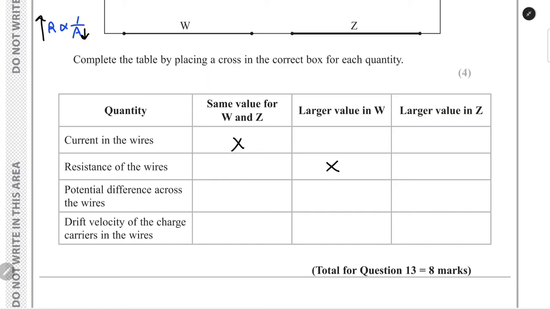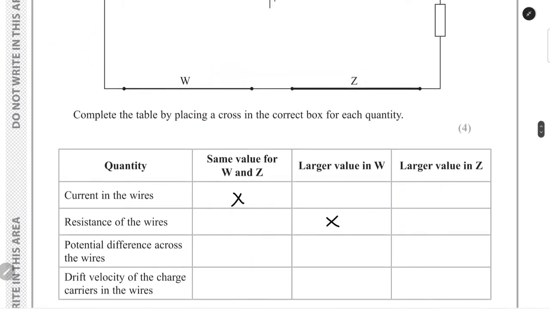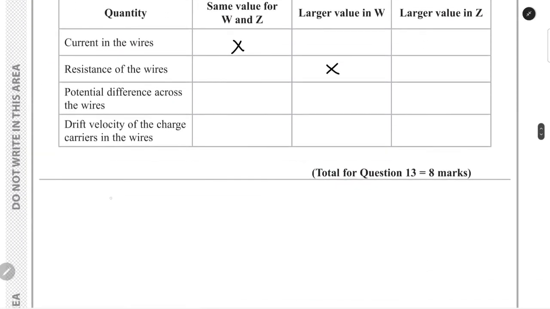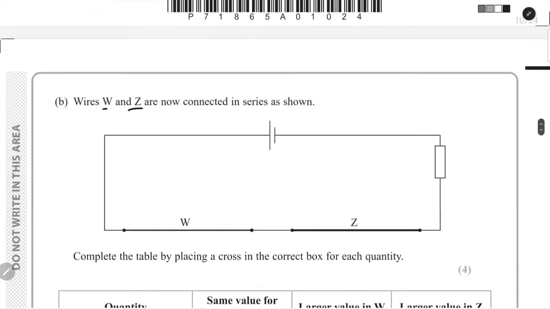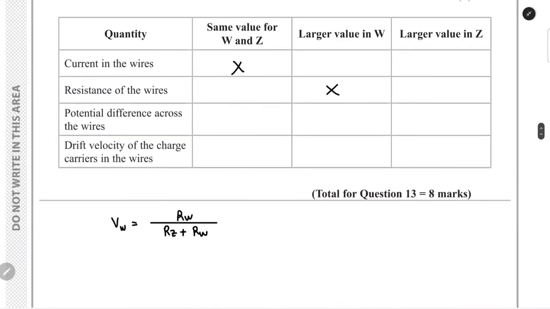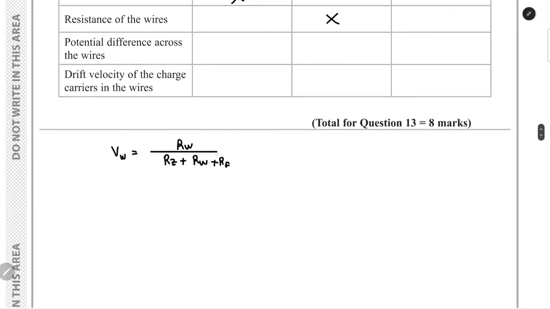The potential difference will also depend on the resistance, since this will act like a potential divider. So VW will be RW divided by RZ plus RW plus the resistance of the fixed resistor as well, times the voltage of the cell, and the voltage across Z will be RZ divided by RZ plus RW plus RF times V cell.